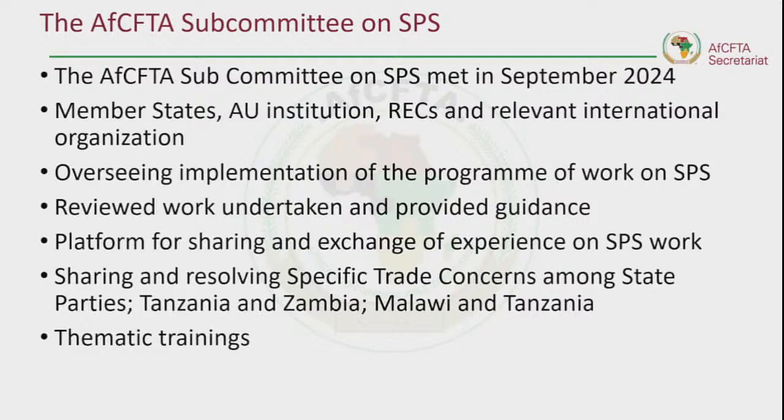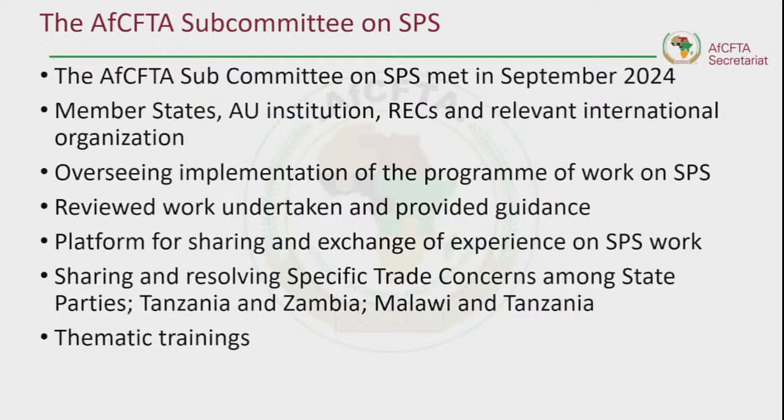They met to ensure that they give guidance on the implementation. Because of the kind of constituencies we normally have on board, it's a platform for rich sharing and exchange of experiences on SPS work.